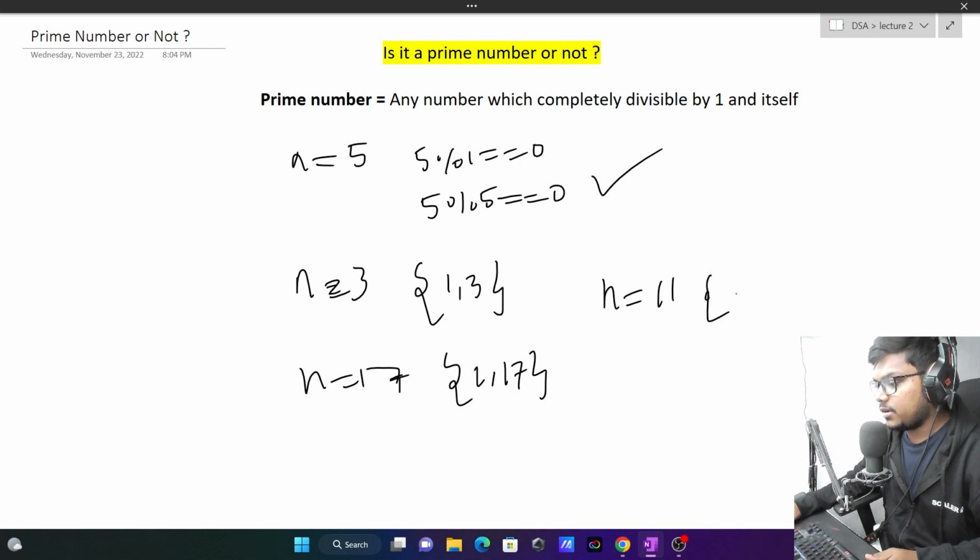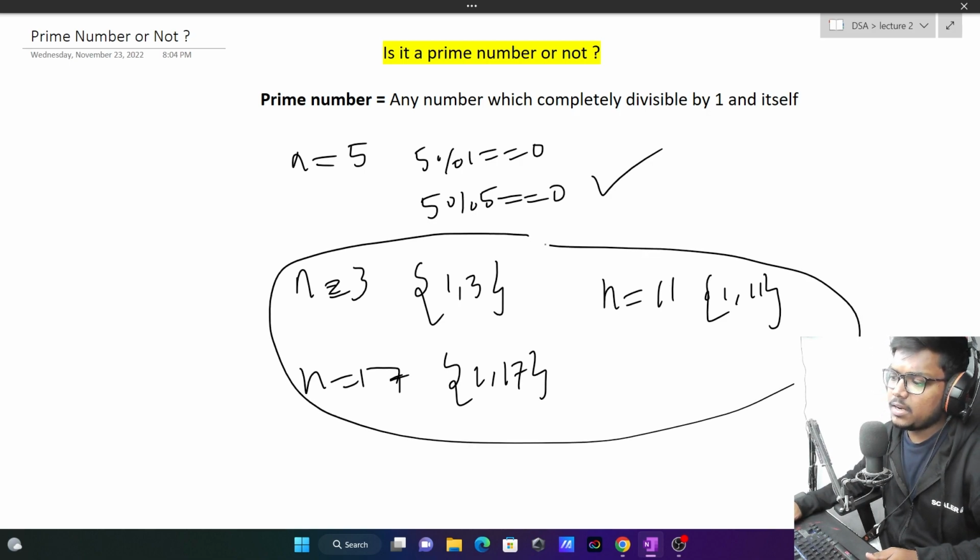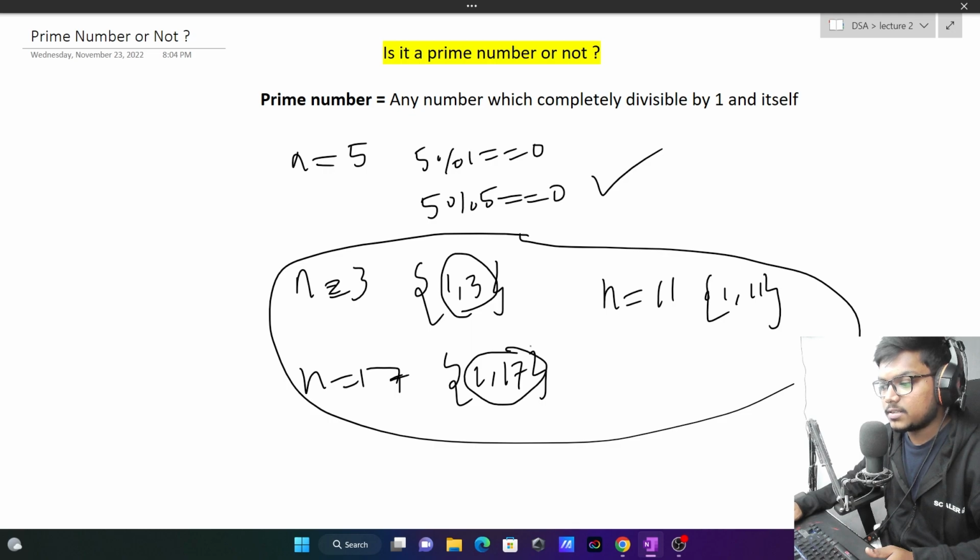What are the factors? 1 and 11, right? So can we observe something? Whenever we take any prime number, can we say that there are only two factors? For n is equal to 5, there are only two factors.